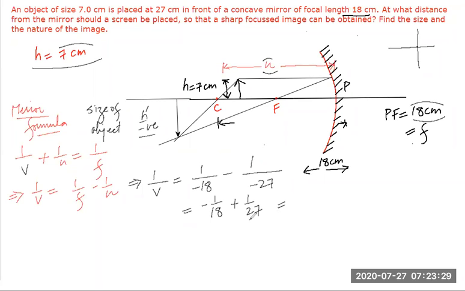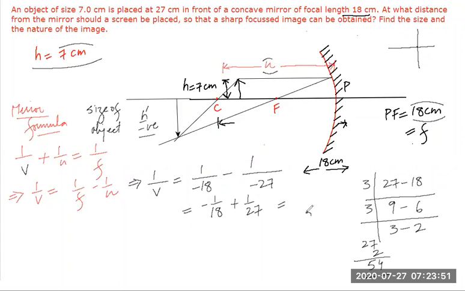Now, you please take LCM of 27 and 18. Anybody knows? So it will be 3 3s are 9, 3 9s are 27, into 2 is 54. So here it will be minus 3 and here it will be 2.